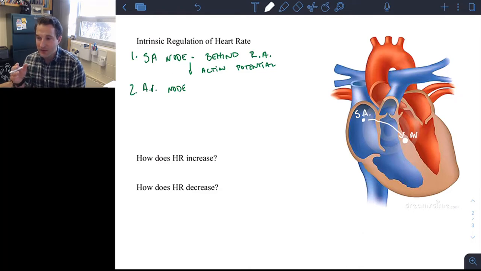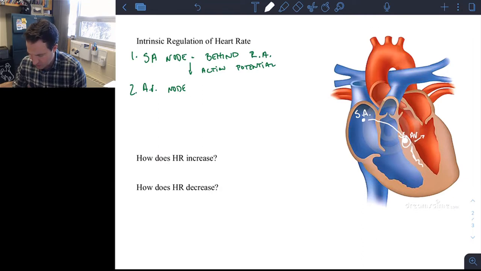But if we think about where the blood needs to go, we need to think about the different parts of how this action potential is transmitted. Because if the action potential just came to this area right here and contraction occurred, okay, so this part, the septum between the different chambers, is going to contract first.